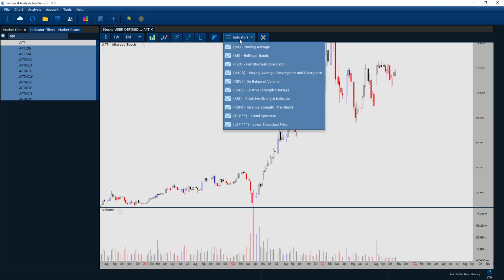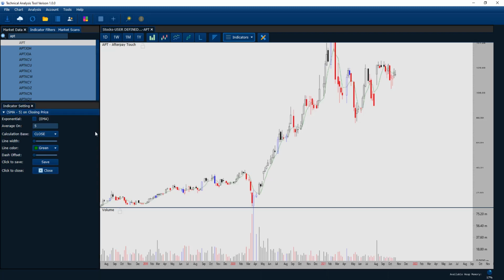Once you click on that drop-down list, you can see all the indicators we provide so far. You click on any one of them, you bring on that indicator. In this case, we want to turn on moving average. We click on that, and the moving average is added to the chart.